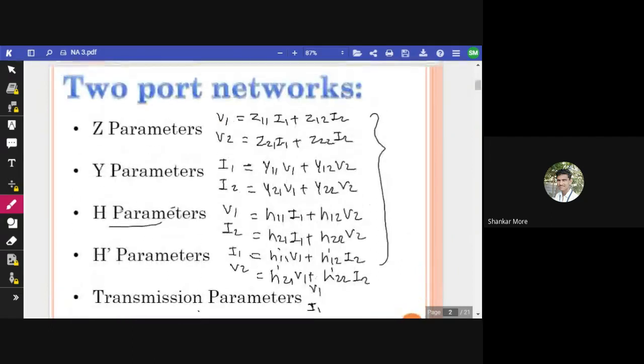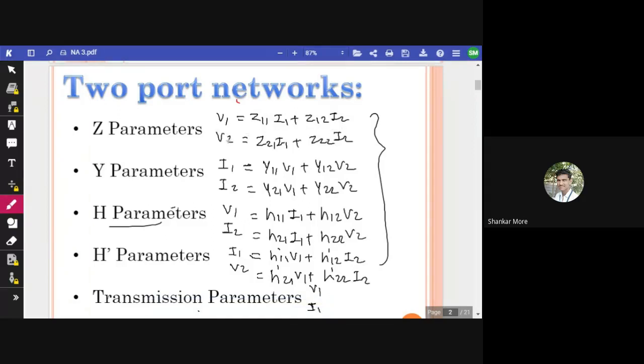So how do we remember this? For Z parameters, we have V1, V2; these are dependent variables, and I1, I2 are independent variables that we have already discussed.